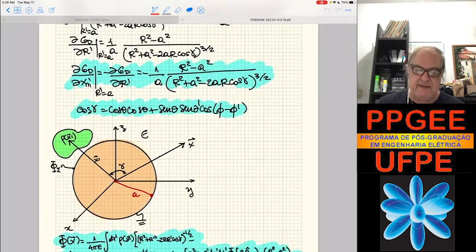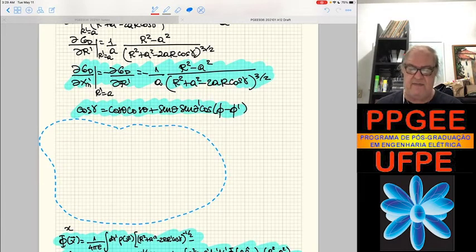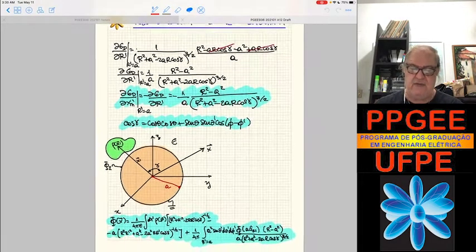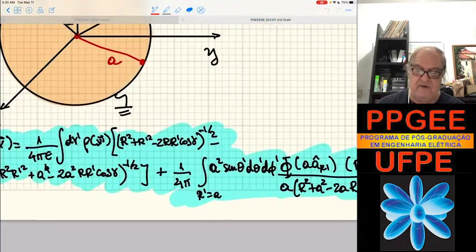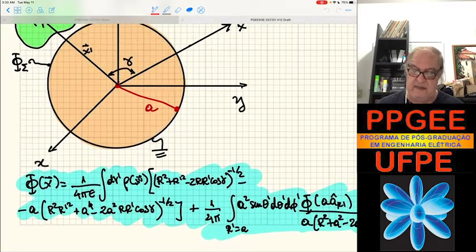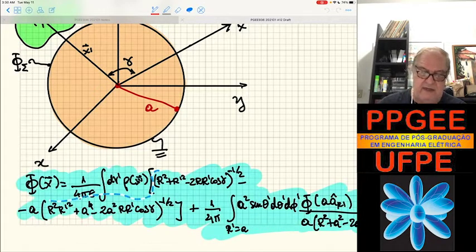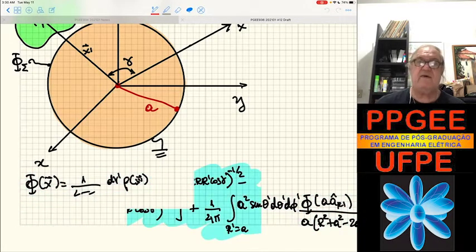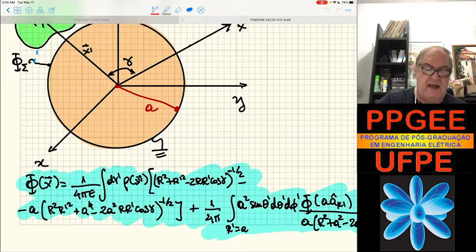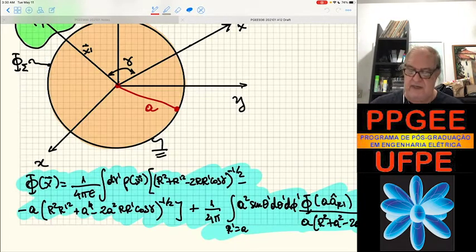So the solution to this general boundary value problem, this Dirichlet boundary value problem, can be cast in this form here. I mean, I have to increase because of so many terms. So I have the density, right? Green function here. And the surface integral that involves the specification of the potential on the surface, which is a function of theta, an arbitrary function, okay?